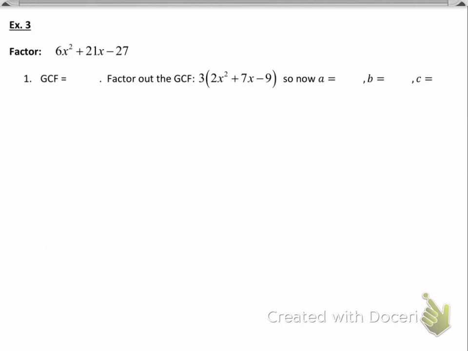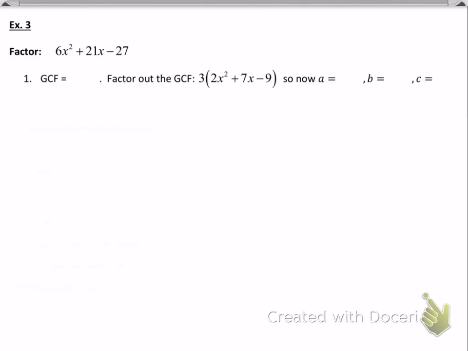Now, the first two examples that we did, all the examples that we've done so far, this first number, this first term, didn't have anything. It was just a 1, okay? So this last method of factoring is, what do I do when I do have another number? All right.